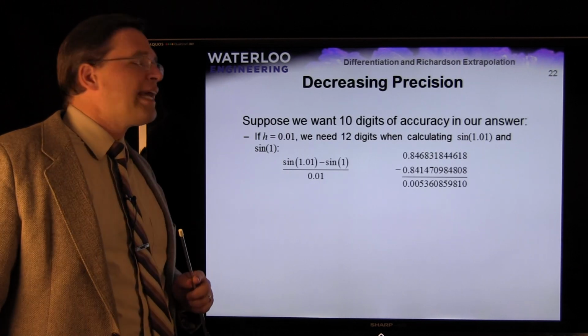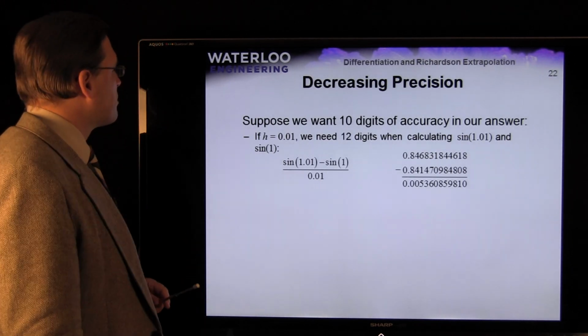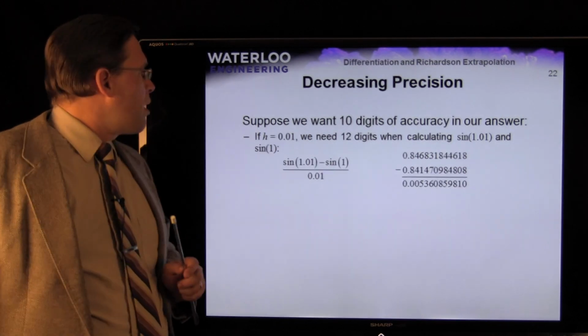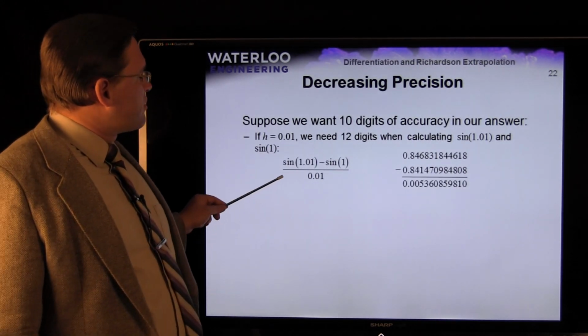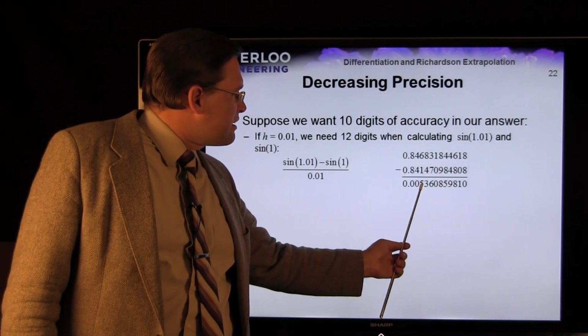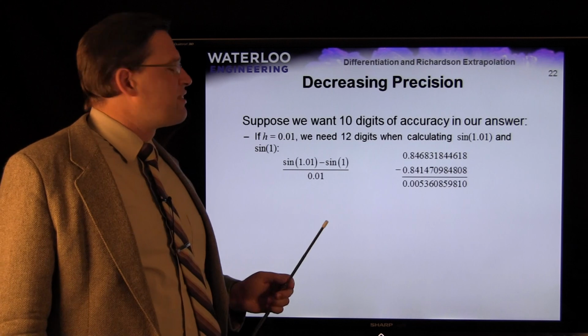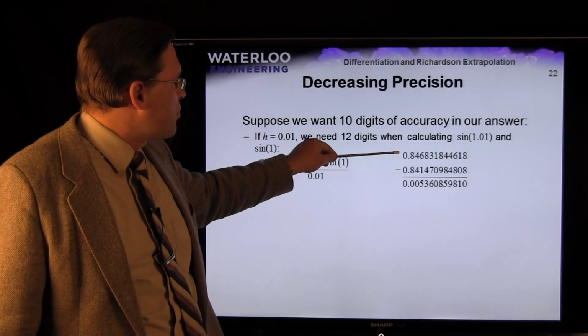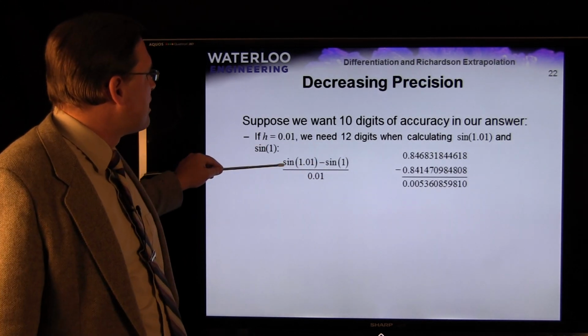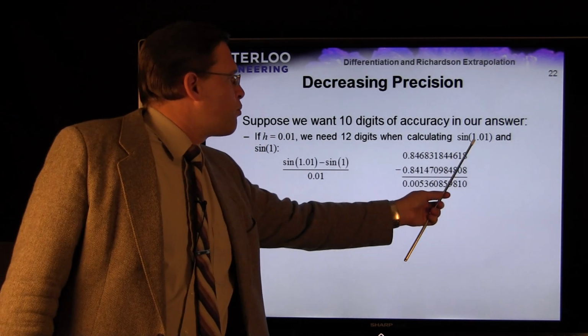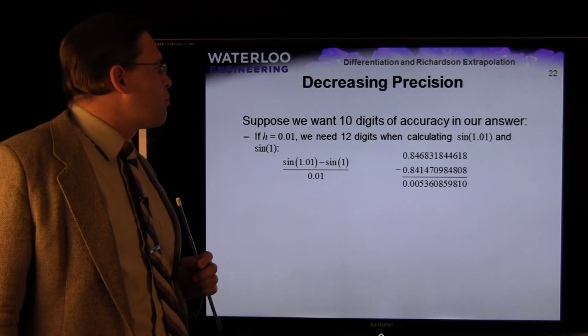Now, suppose we want 10 digits of accuracy in our answer. So again, if h is equal to 0.01, what do we have to do? Well, to get 10 digits of accuracy in this calculation, we need 12 digits of accuracy in both the calculation of sine of 1 and sine of 1.01.